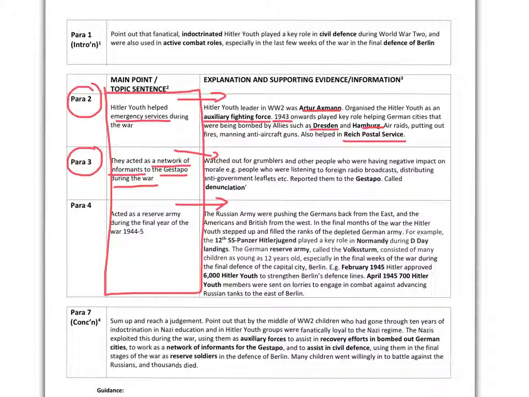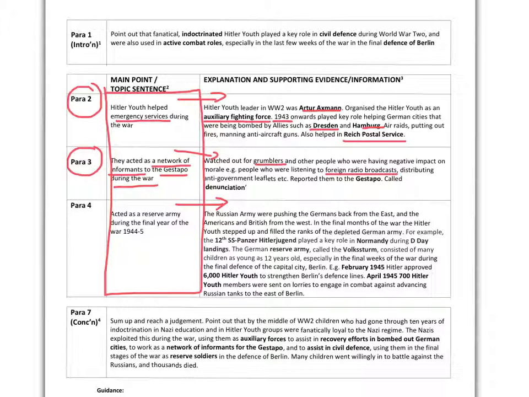They would watch out for people who may be damaging morale, people who grumbled, or people who were actively being disloyal to Germany. For example, people who were in their own flats and apartments tuning into foreign radio broadcasts.